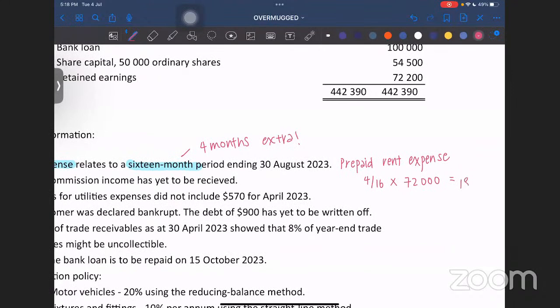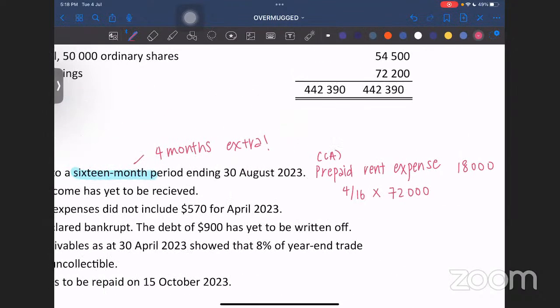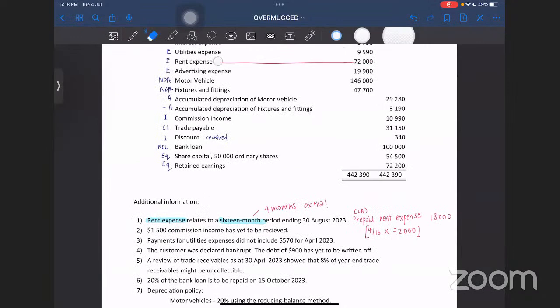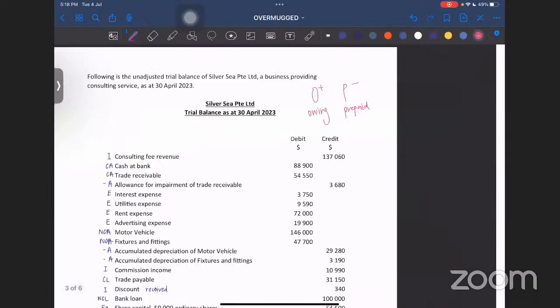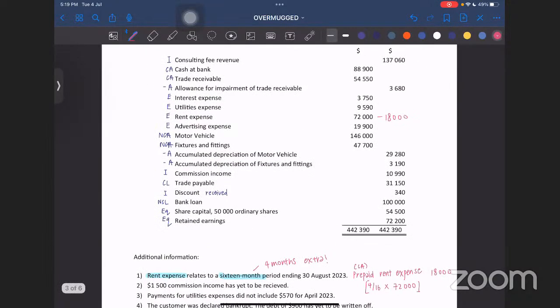Should have 18,000. So this one will be a current asset. Go back to this rule, O plus P minus. This is a prepaid. So here I will minus the 18,000. And so this will be your adjustment for your first one.